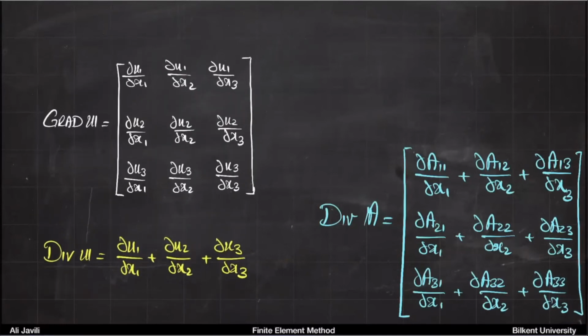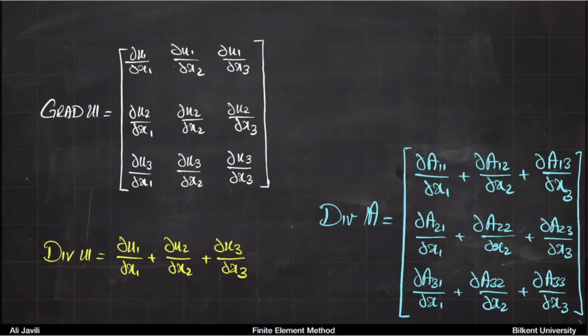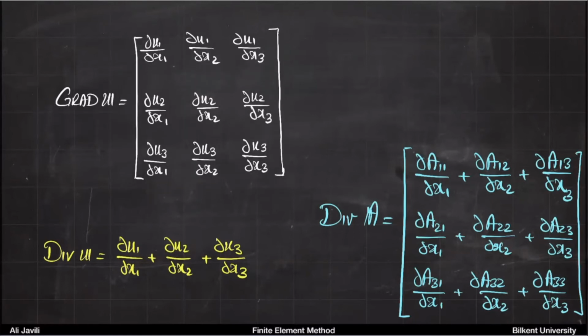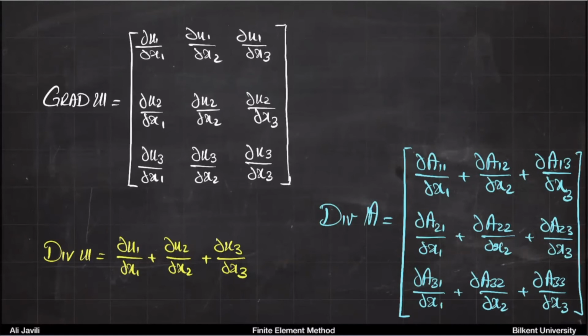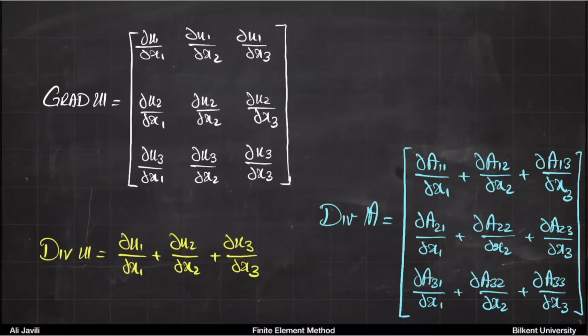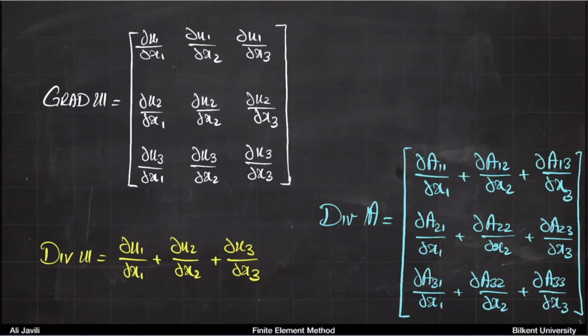So we have most of what we need. If you have a vector, you know how to calculate the gradient and divergence of that, and if you have a matrix, you know how to calculate the divergence of that.